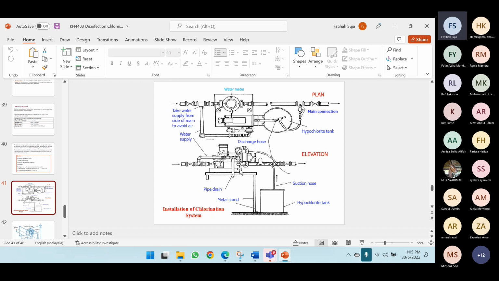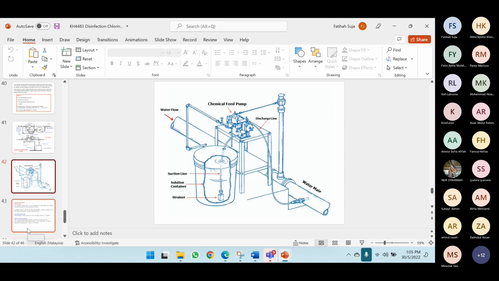You need to have the suction hose, the hypochlorite tank, the metal tank, the pipe drain, everything that you need to ensure is available in your treatment site. Okay, this is the water feed. When you use the suction line, you use this. This is the solution container, the strainer, the chemical feed pump, discharge line, and the water main. Okay.